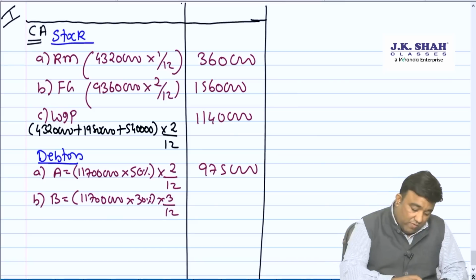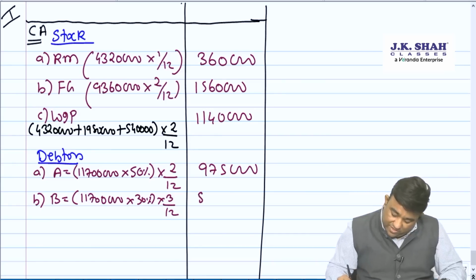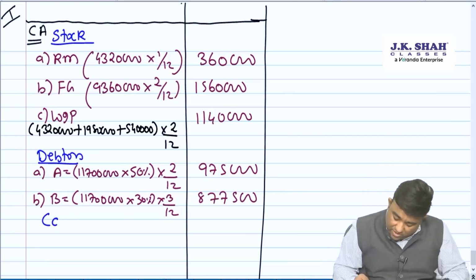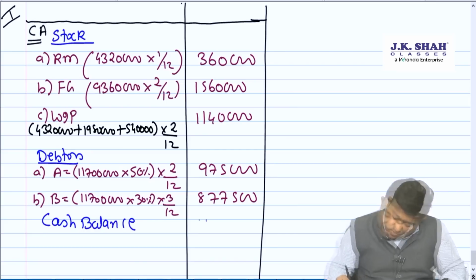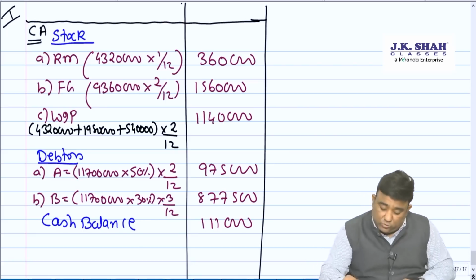And this is 1 crore 17 lakh into 30%, and that gives you 8 lakh 77,500. Clear? Zone C is the cash sales. Forget it. No need to even specify. Cash balance is given, 1 lakh 11,000. So all current assets are ready, student.